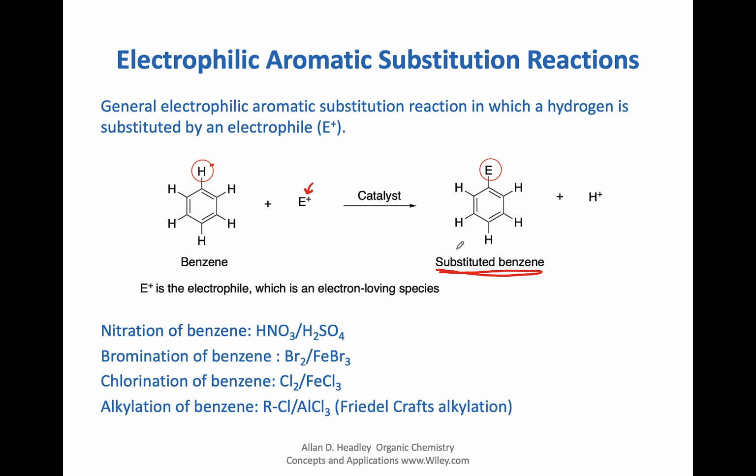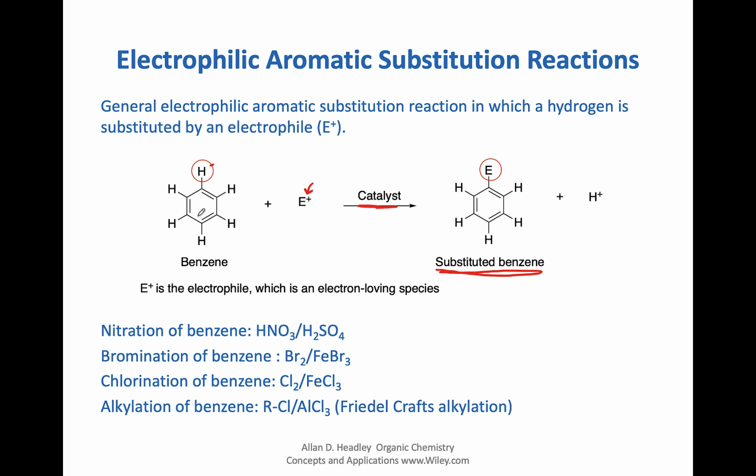Of course, this lecture concentrates on benzene because it is the classic example of an aromatic molecule. Just a reminder, a catalyst is always needed. Why? Because benzene is a very stable molecule.